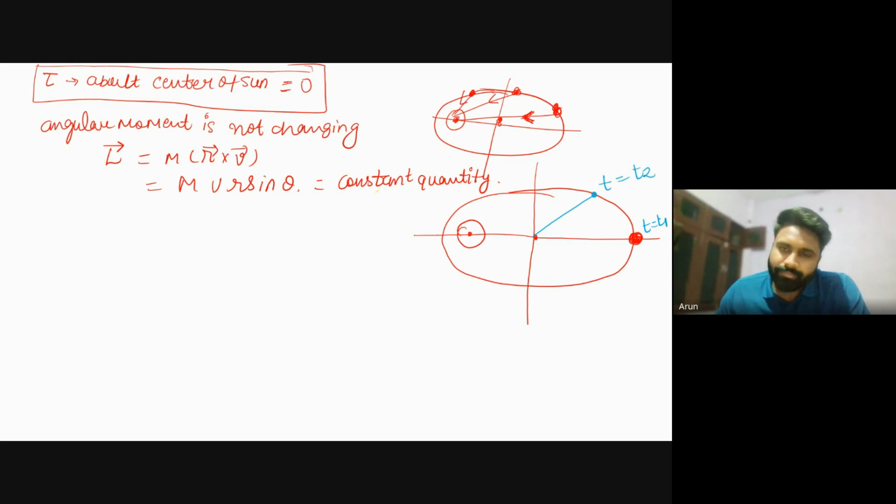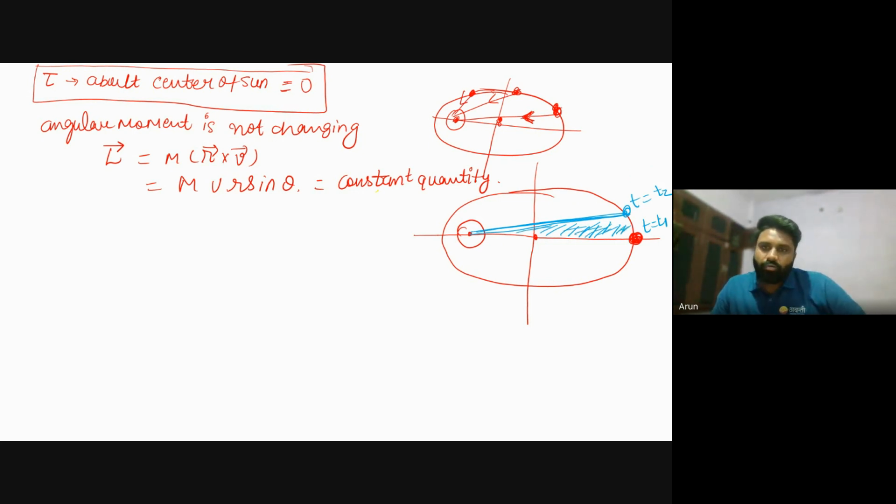We will take this point very near to this point. So at t equals t2, this planet is at this position. So this line joining the center of the planet to the sun swept some area. This is the area swept.